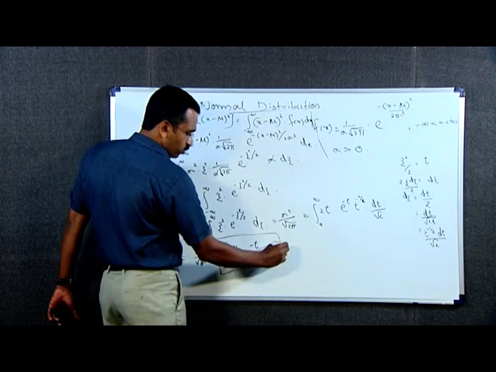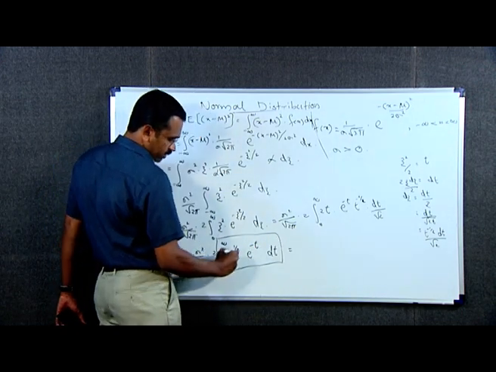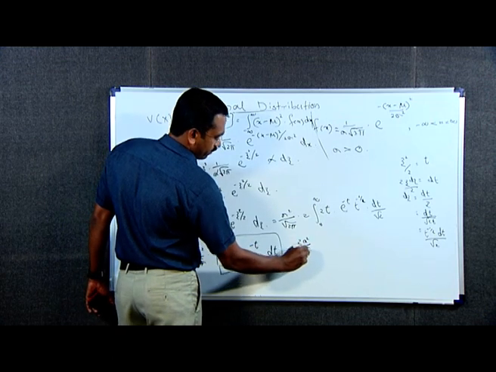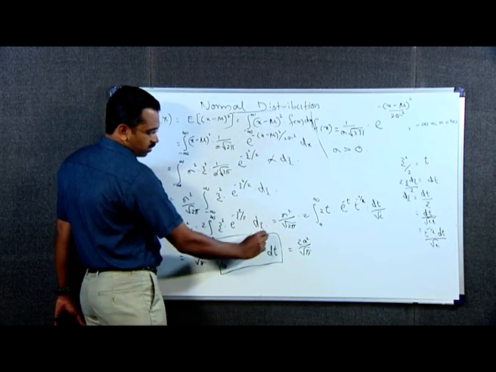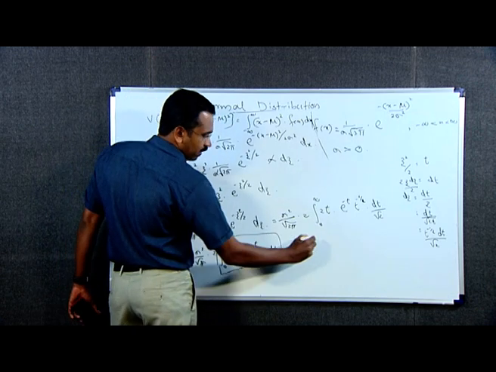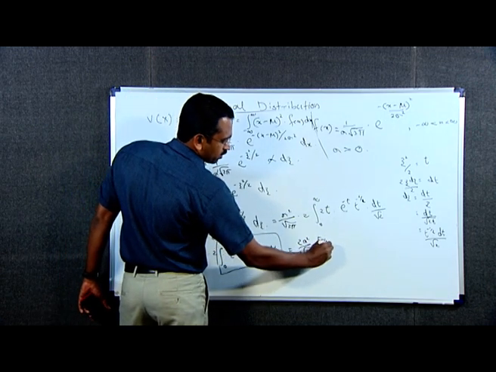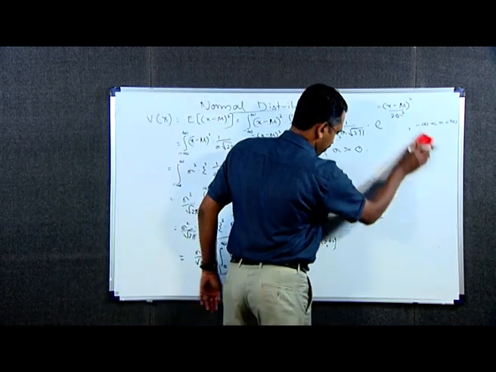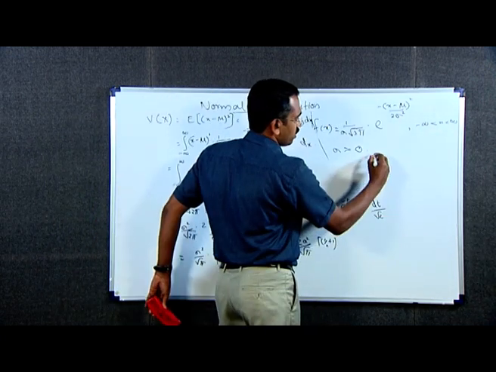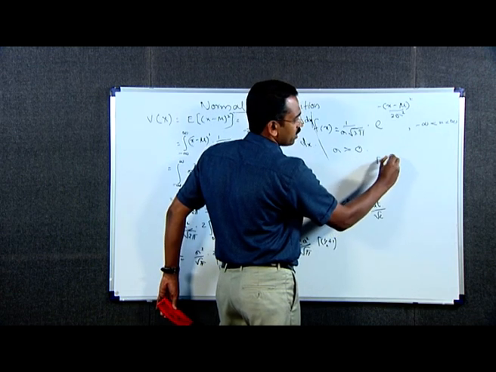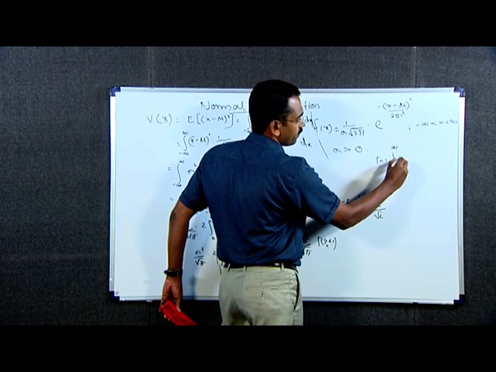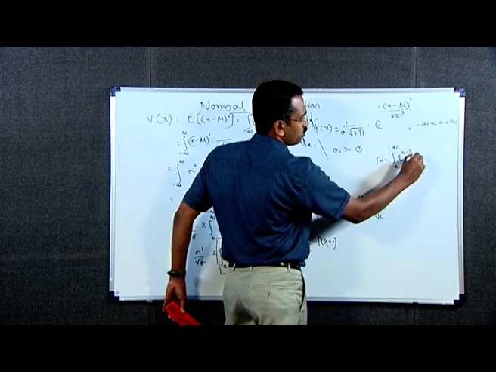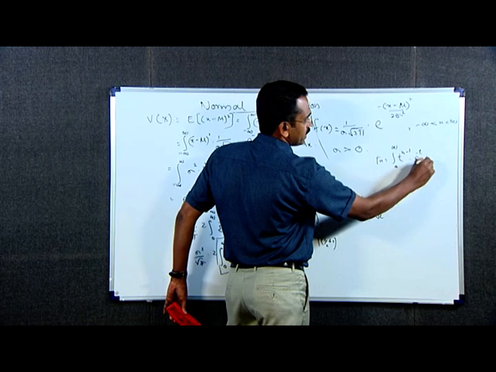This is equal to 2 sigma square divided by root pi into gamma 1 by 2 plus 1. The definition of gamma function is gamma n is equal to integral from 0 to infinity t raised to n minus 1 into e raised to minus t dt.